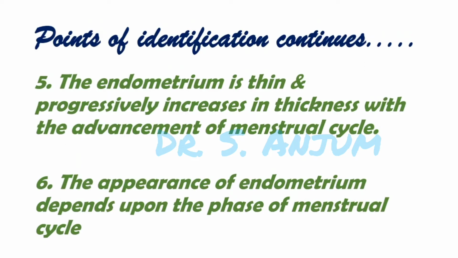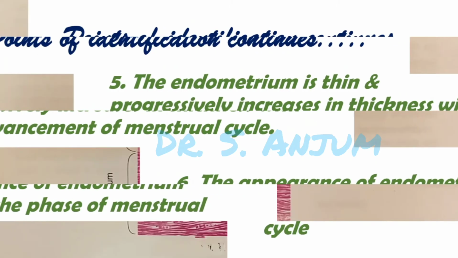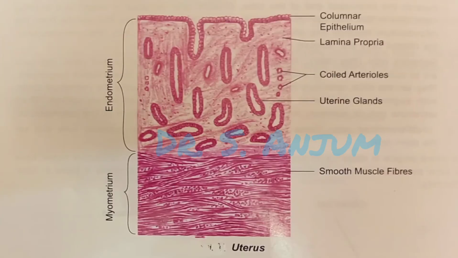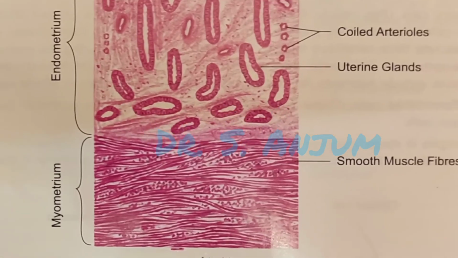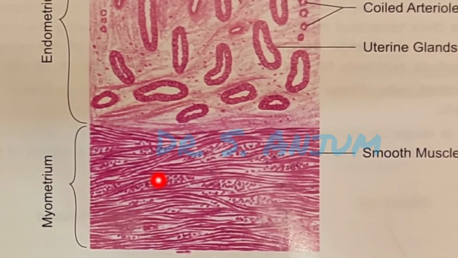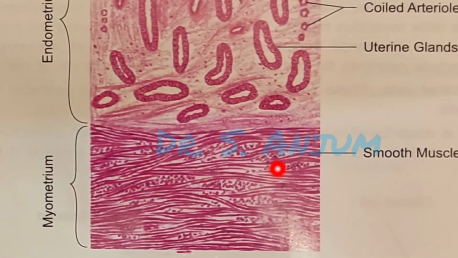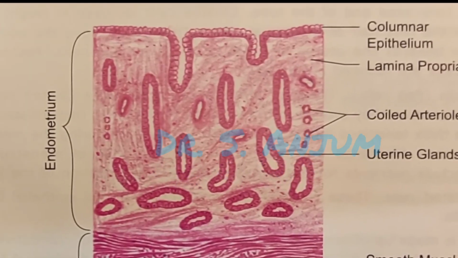In proliferative phase, mainly proliferative changes are seen, means there is growth of new blood vessels from the stump of the old one. There is development of new uterine glands from the remnant left in the basal zone. There are no secretory changes seen in this phase. So here also you can see it is the myometrium, a smooth muscle layer, and here is the endometrium.